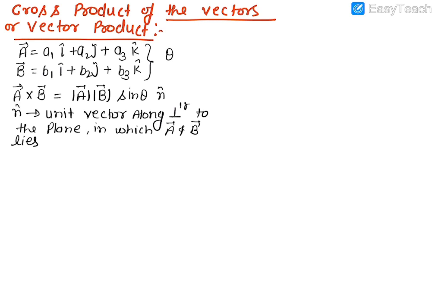Okay, so what is the meaning of this line? N cap is the unit vector. Suppose this is an xy plane, so this is x, this is y. Some vector a is this vector, some vector b is this vector.